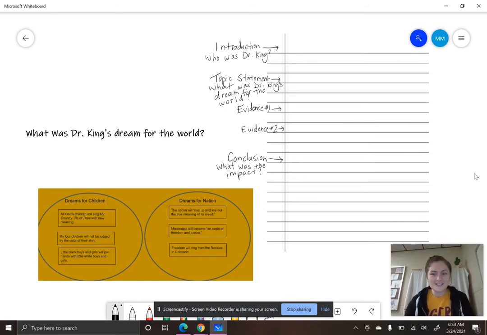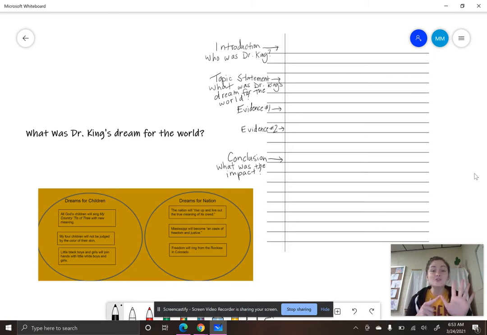So, as you can see on my screen, it looks a little different than it normally does because it's going to be up to you to complete this task. I'm going to walk you through and give you some thinking points when writing your introduction statement, your topic statement, your 2 sentences of evidence, and your conclusion. How many complete sentences are you going to need for this task? 5.